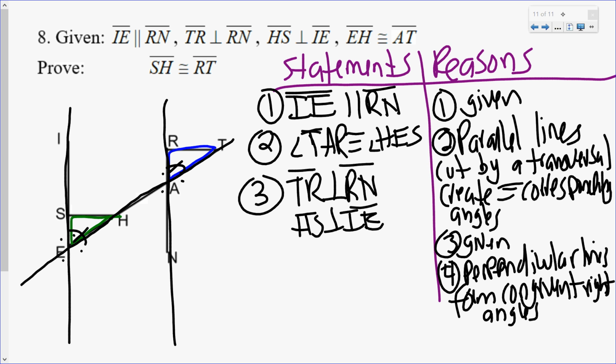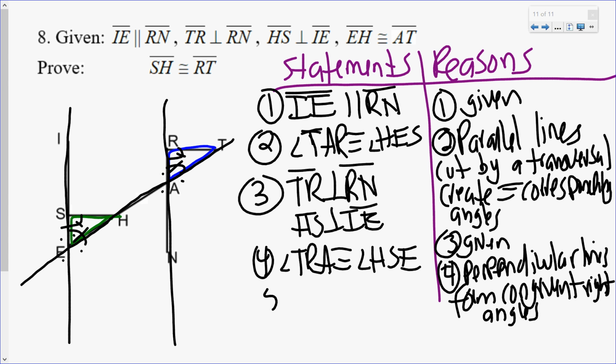So TR and RN meet there. HS and IE meet there. Angle TRA is congruent to angle HSB. All right, I have 2 pairs of things. I need one more. I've got another given.